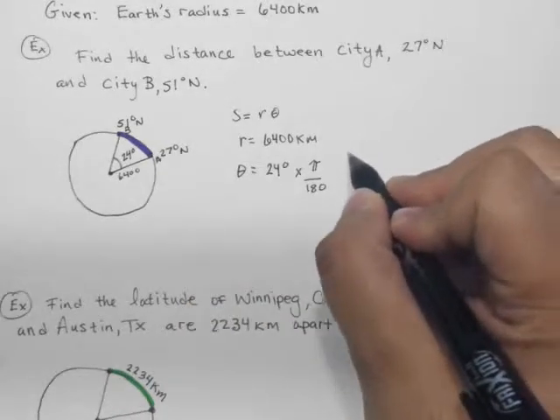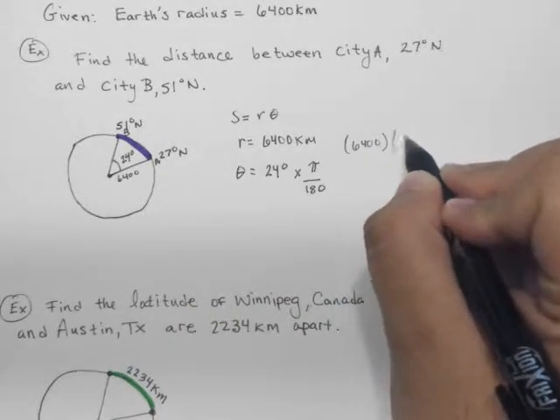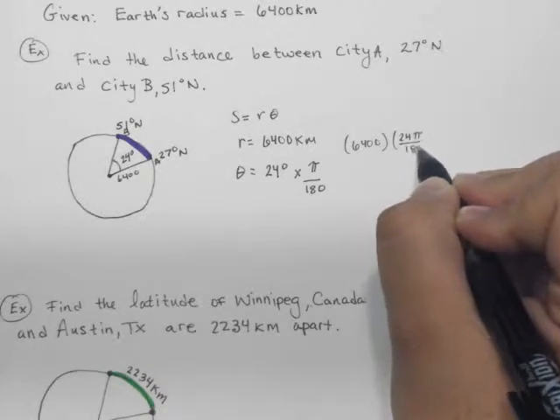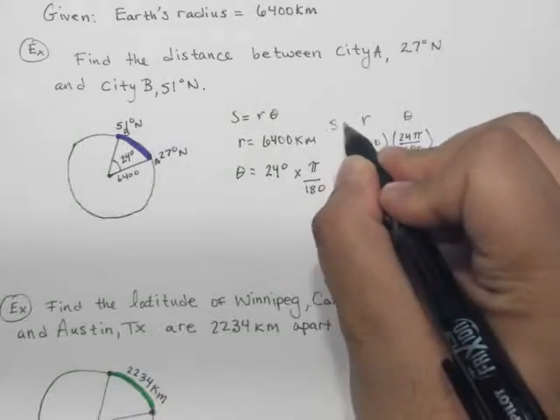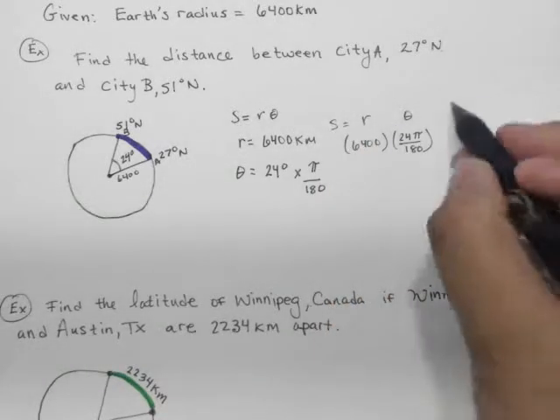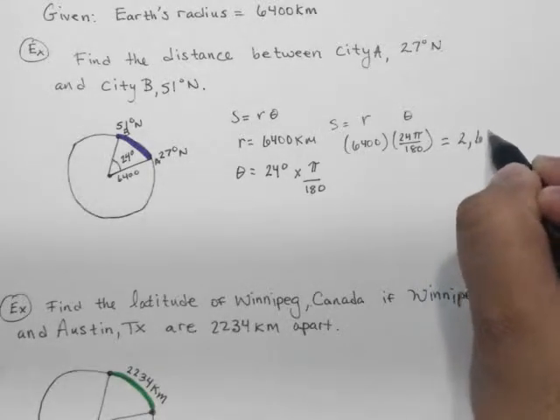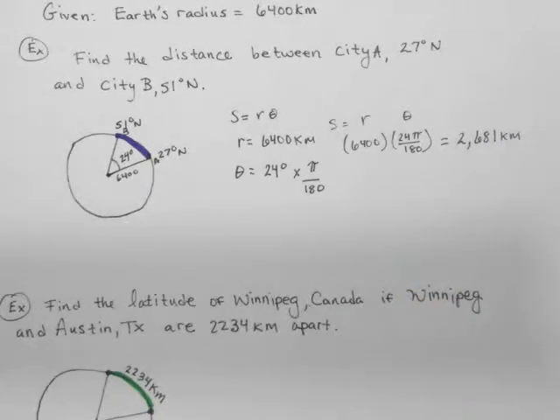If you compute 6,400 times 24 pi divided by 180, because this is your r theta, and that is what S equals, we're going to end up with a total of about 2,681 kilometers. That's how far apart these two cities are.